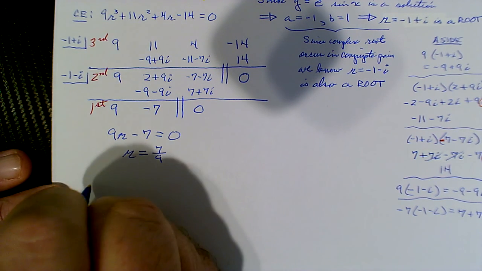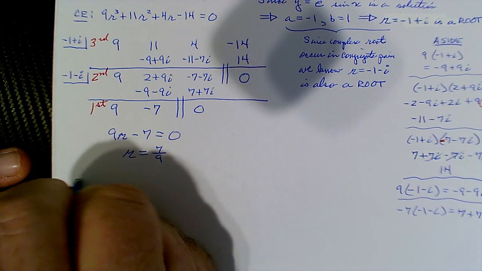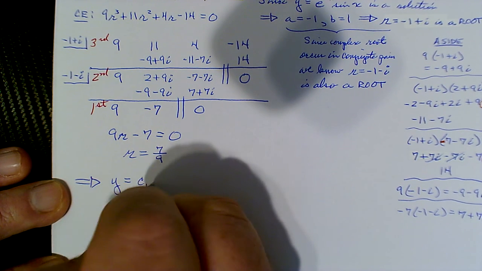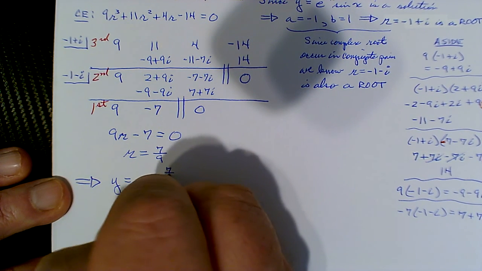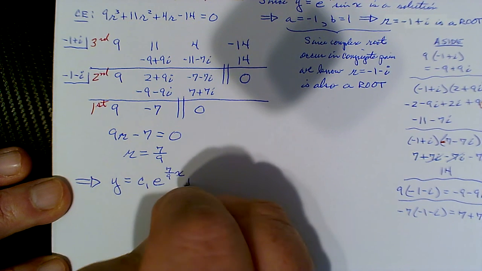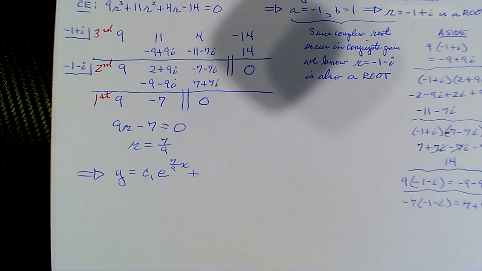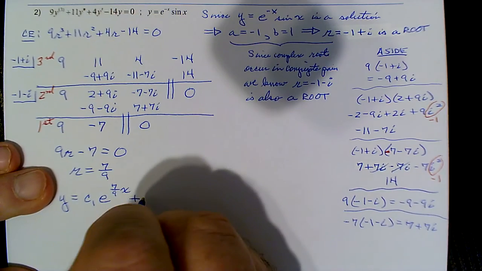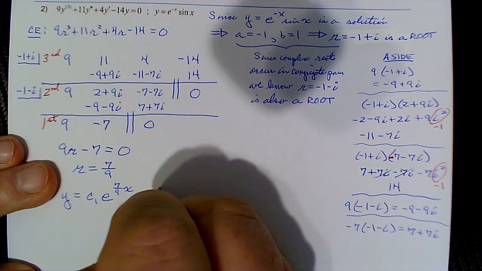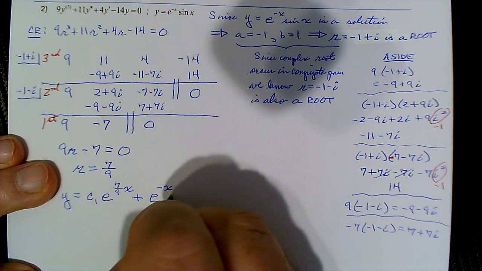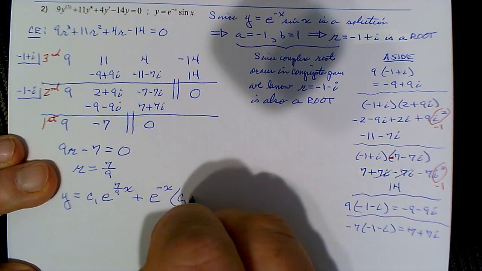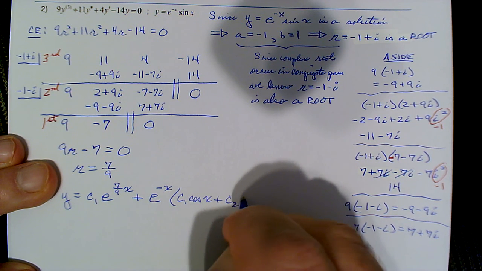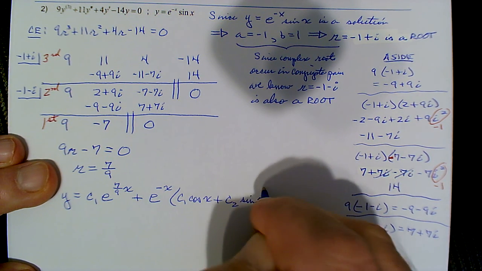So our general solution would be y equals c1 e to the 7/9 x, and then plus from that complex conjugate pair e to the negative 1x, or just e to the negative x, and then c2 cosine x plus c3 sine of x.